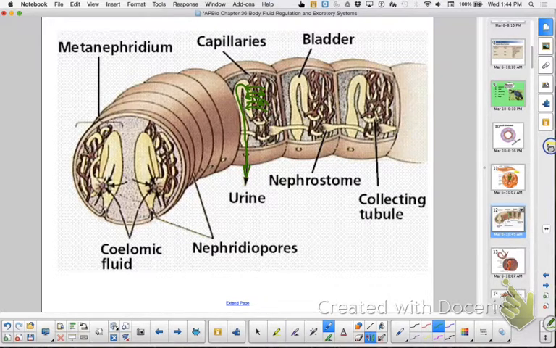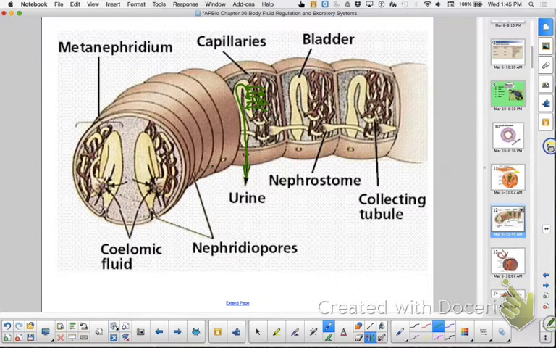So on your notes, what I want you to have is nephridia in earthworms. Each body segment contains a pair of nephridia, consisting of a coiled tubule surrounded by a capillary network. Nutrients are reabsorbed by capillaries, and waste moves into the bladder and exits through pores.